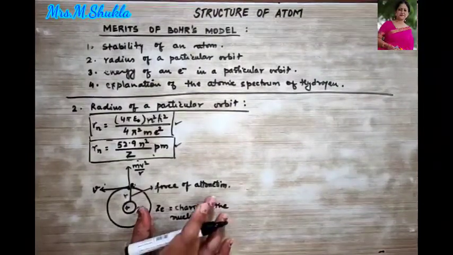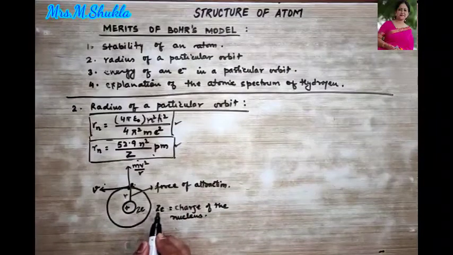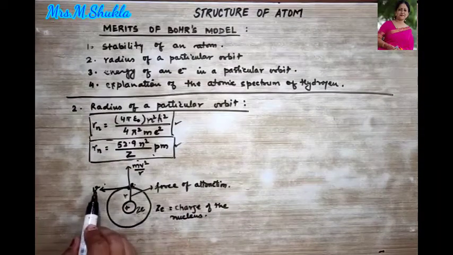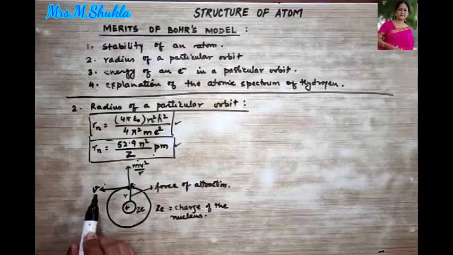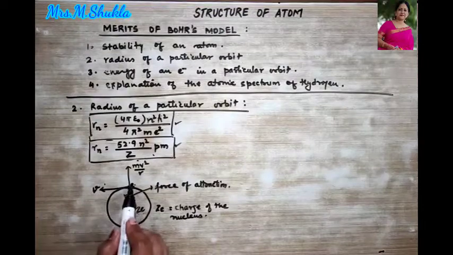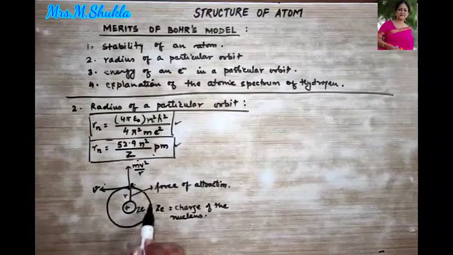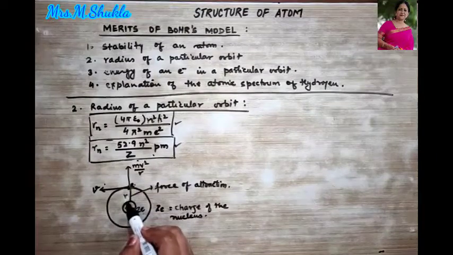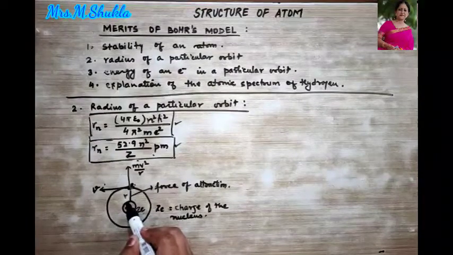Is this point clear? Where Z is the atomic number. Now what is this v? It is the tangential velocity of this revolving electron, and this r is the radius of the orbit.